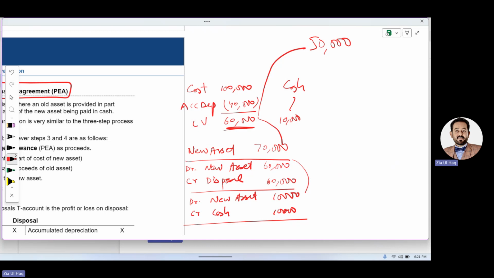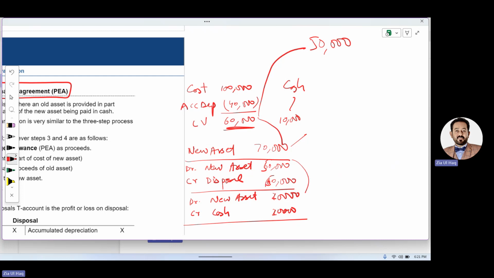This means we are eliminating an asset of 60,000, but he is considering it at 50,000. So if we are taking a 70,000 asset, how much cash do we need to pay? 20,000. So we'll record disposal with 50,000, and this entry will be recorded with 20,000.